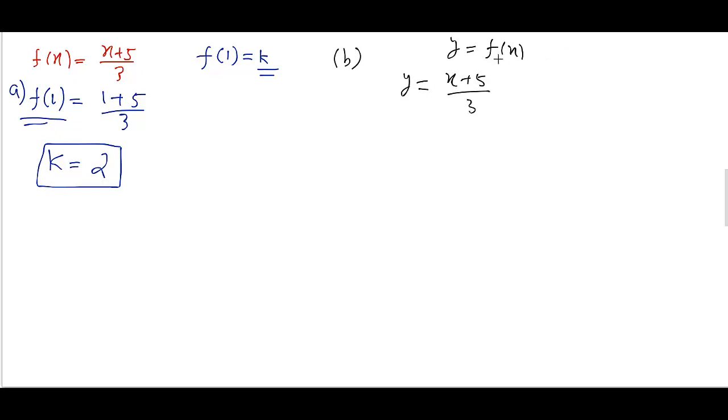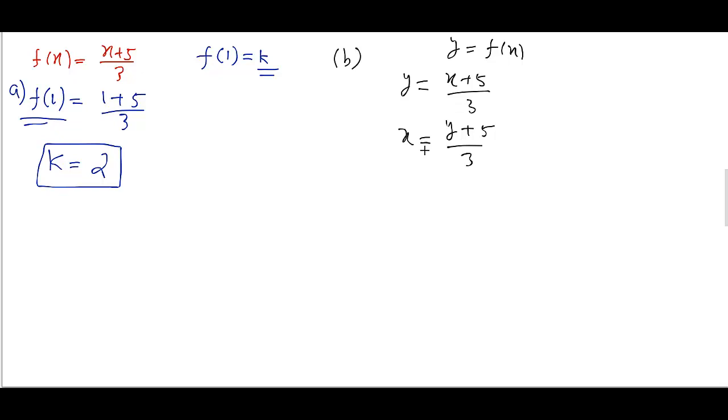As we know, in an inverse, x is converted into y and y is converted into x. So we switch y with x and x with y. So this is step number 1. What we have done here is switched y with x and x with y.